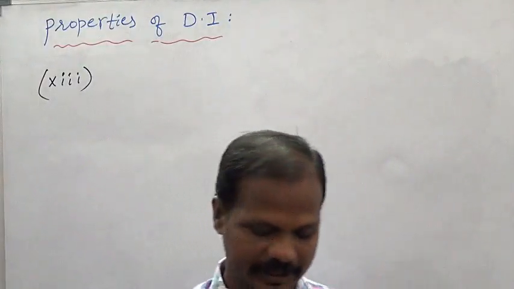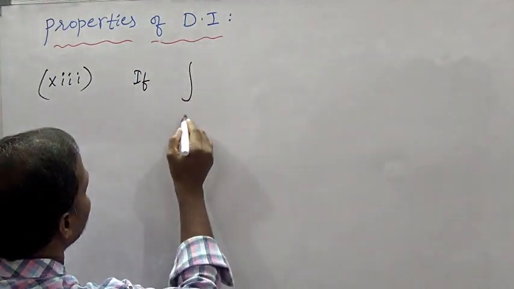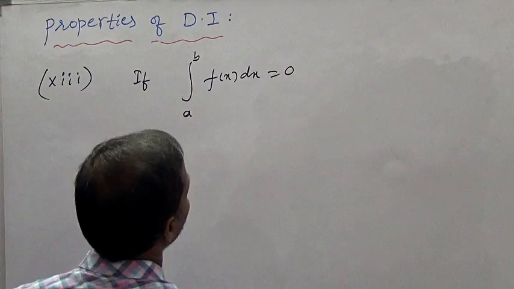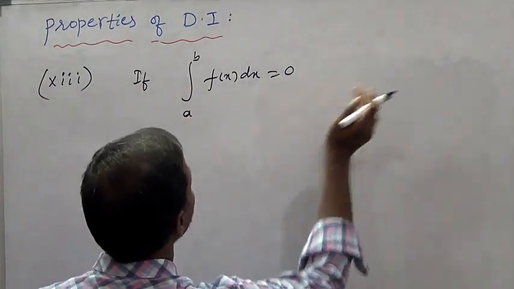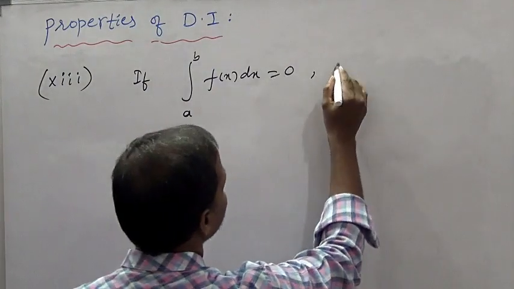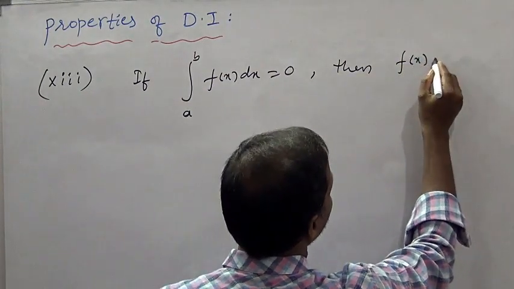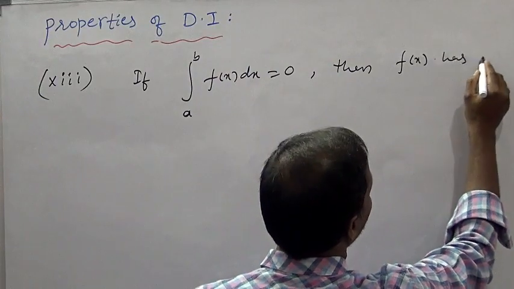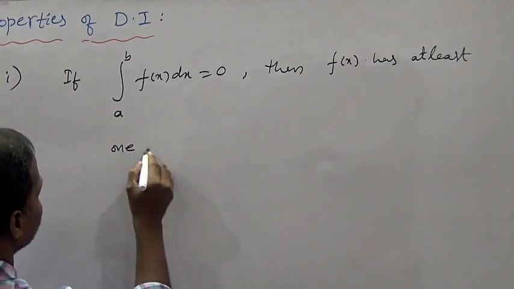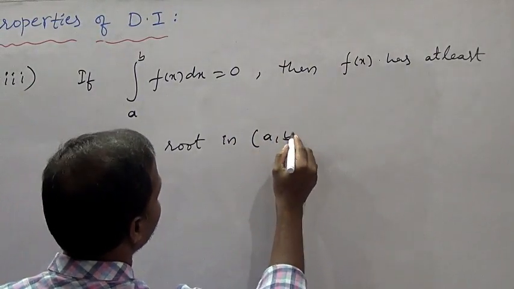Okay, so next property. If the integral from a to b of f of x dx equals 0, then f of x has at least one root in the open interval (a, b).